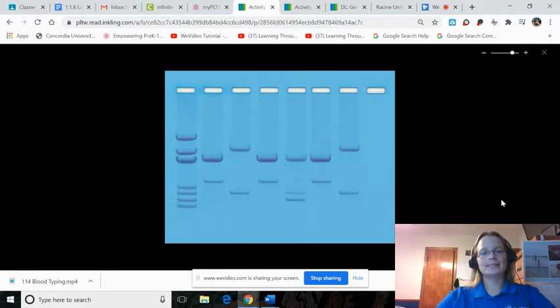If you look, guys, each column up and down in a gel is called a lane. The first lane on the gel I'm showing you here is called the ladder. We always run a ladder so we know what size the fragments are. The second lane shows 2 bands. The third also shows 2, but notice they're different from the second lane.